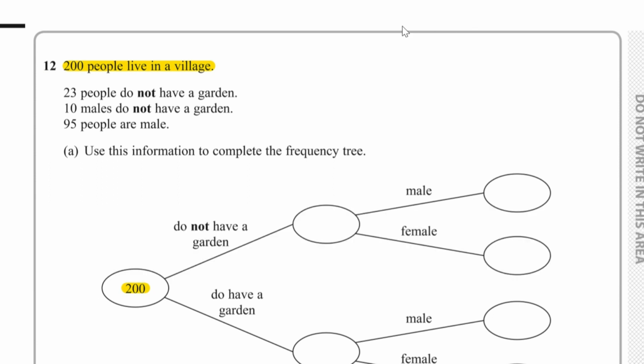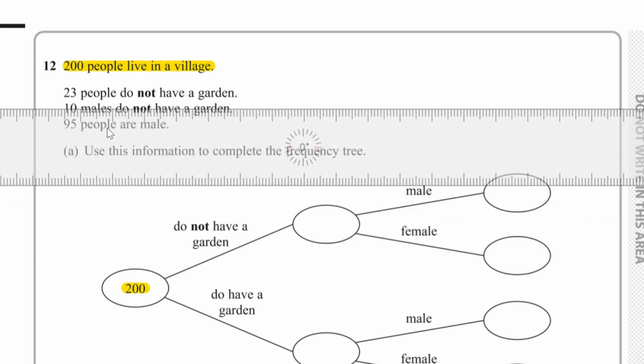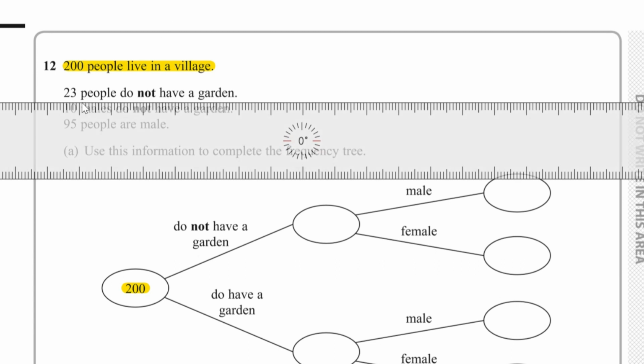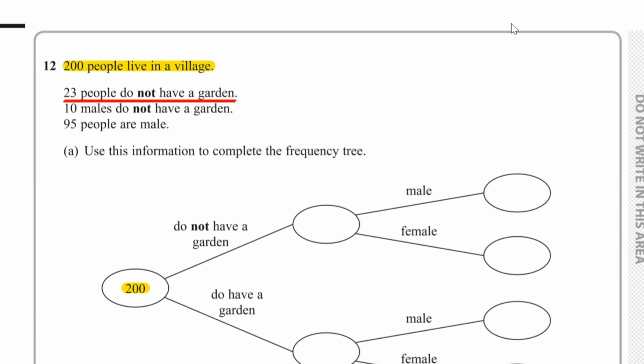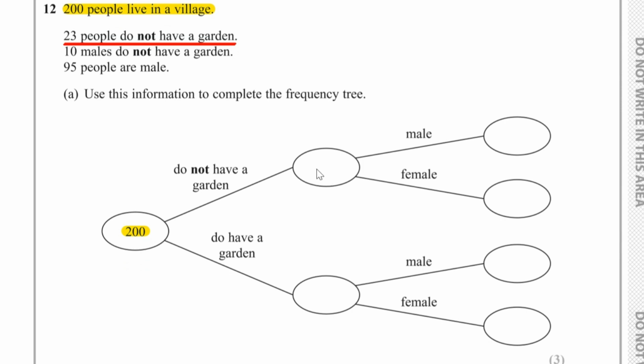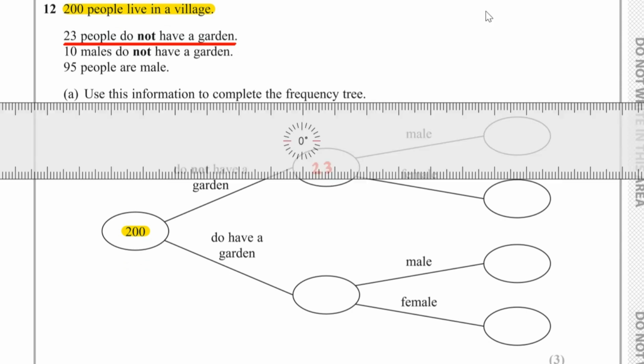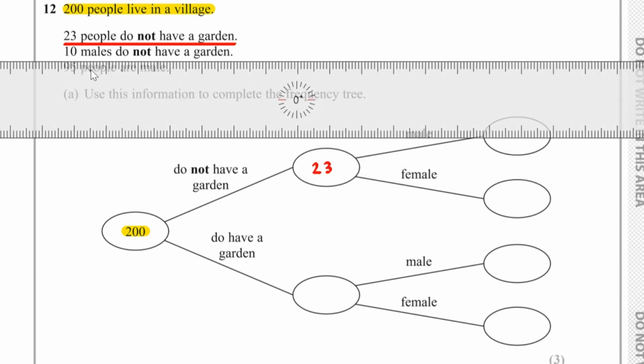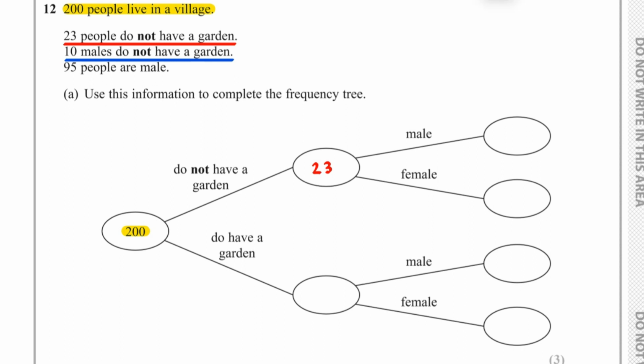And we have as well 23 people who do not have a garden. So we've got 23 over here. Then we've got 10 males do not have a garden. So of these 23, 10 don't have a garden.